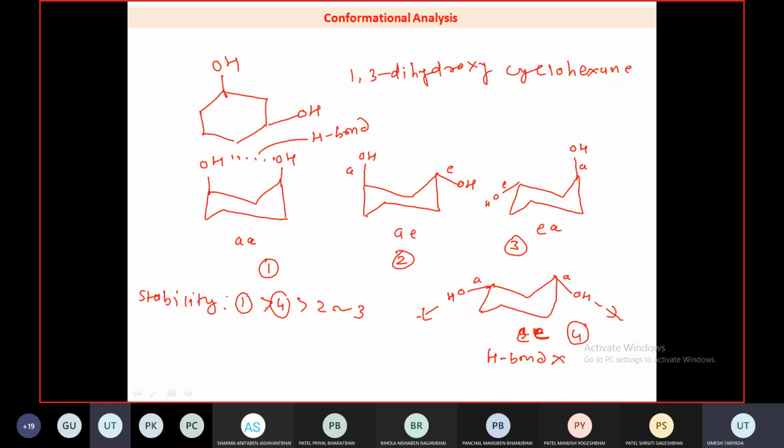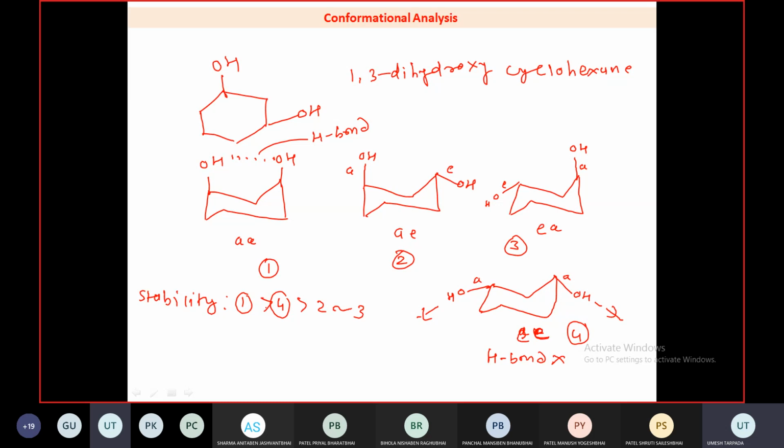The hydrogen bonded structure becomes more stable as compared to the other structures. So remember, don't forget to count the hydrogen bond. This is very, very important.